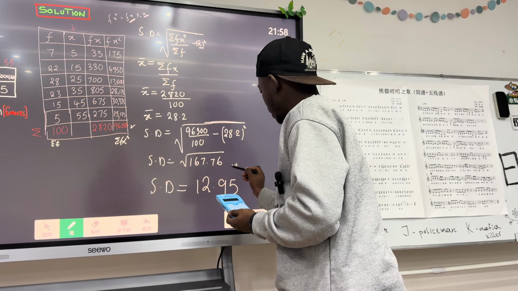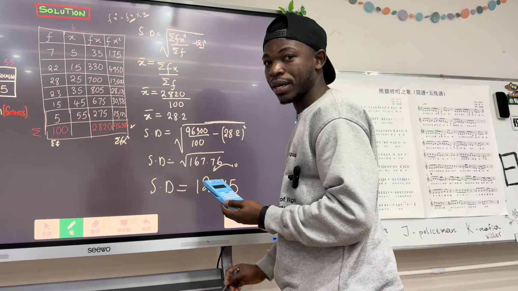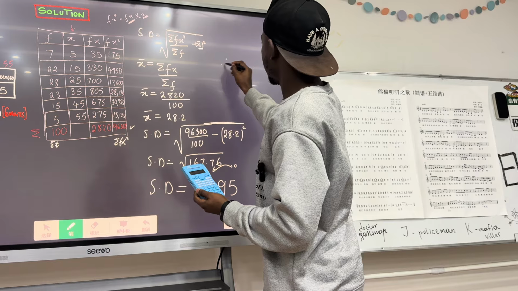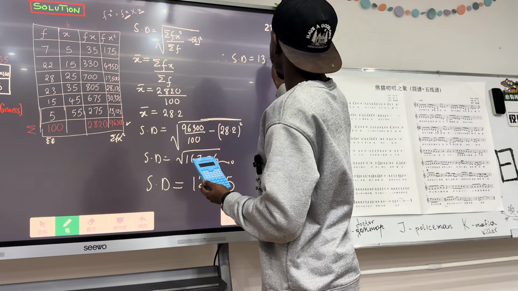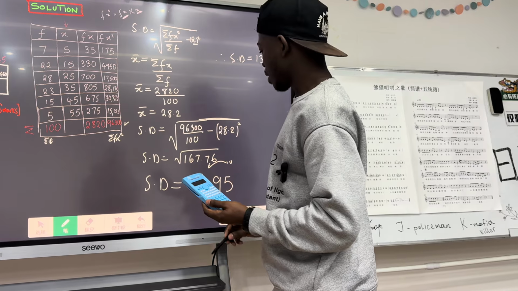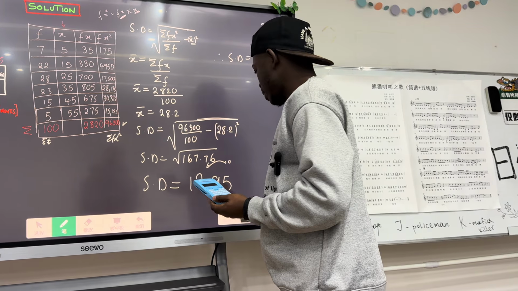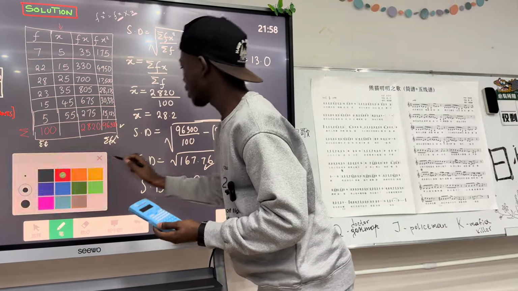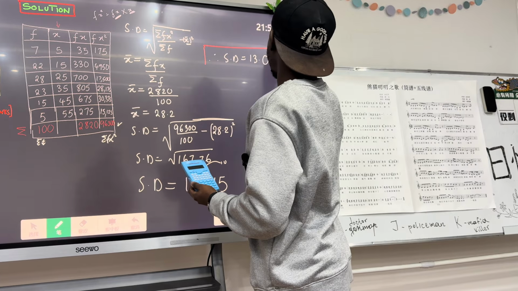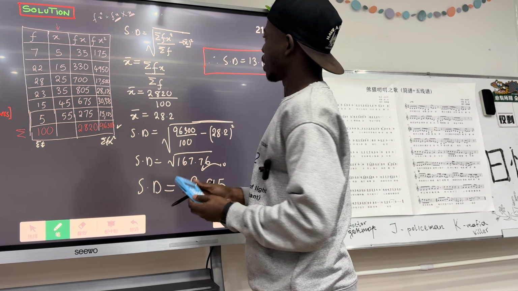But we don't write 10, we give the 1 to the next number, it becomes 13. So we can conclude and say standard deviation SD is equal to 13.0. Otherwise, even a student that writes something like this will still get marks. So this is the standard deviation, and that's how you do it.